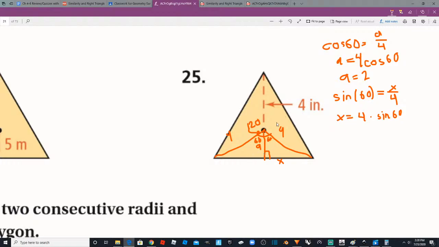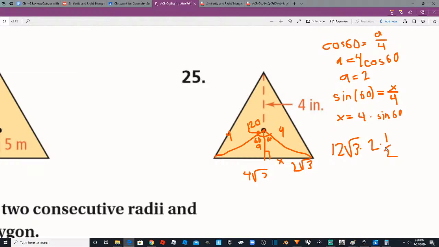So this is 2, this is 2 radical 3, 4 radical 3, this whole side. Multiply that times 3, we have 12 radical 3, multiplied by 2 times 1/2. Basically, you have to use special right triangles.